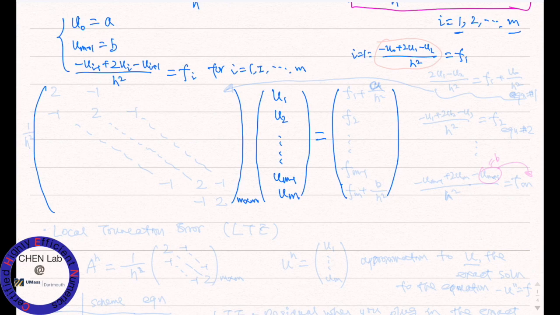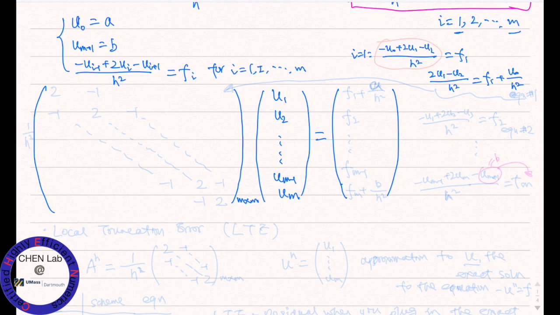Only u1 and u2 are unknowns for this particular equation. So basically, we move u0 to the right hand side, which means 2u1 minus u2 divided by h squared is equal to f1 plus u0 divided by h squared. That should give us the first row.